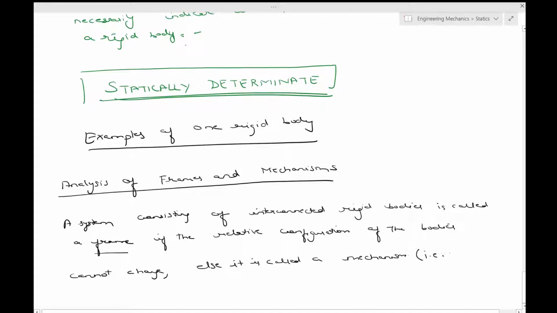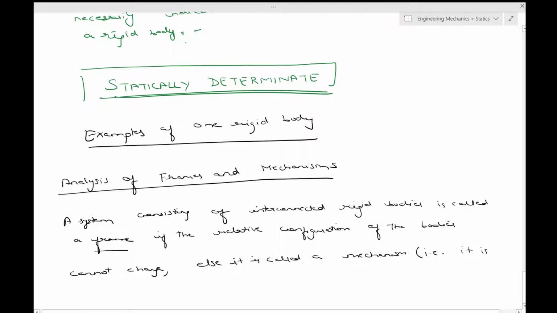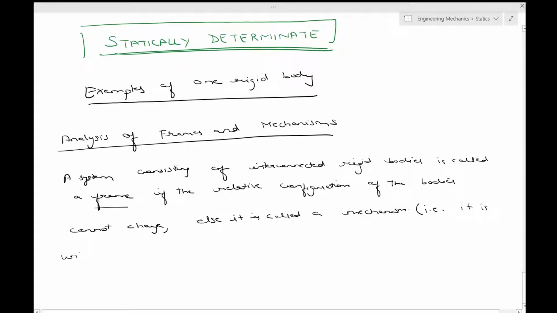This means that it is under constraint with at least one possible change of relative configuration.